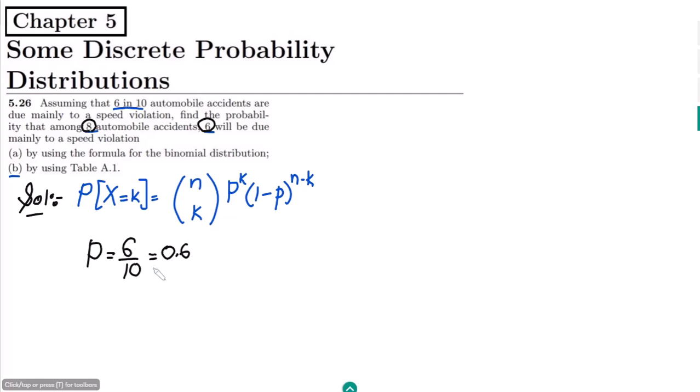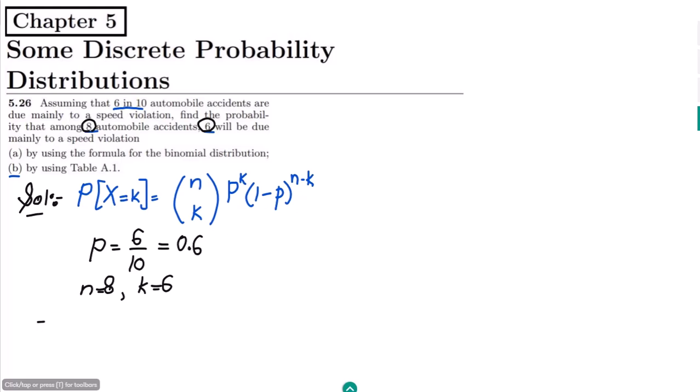Similarly, among 8 automobile accidents, 6 will be due mainly to a speed violation. So the total number of automobiles here is 8, and from 8 we have to find the probability that 6 are due mainly to a speed violation. Okay, so all the items are given here.